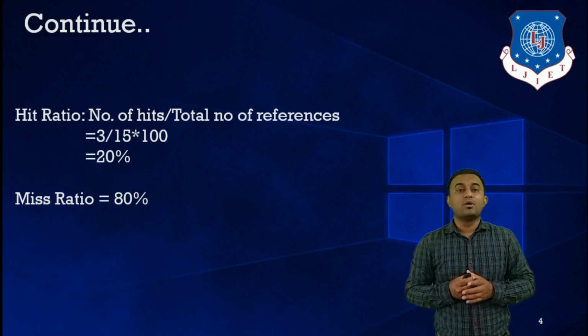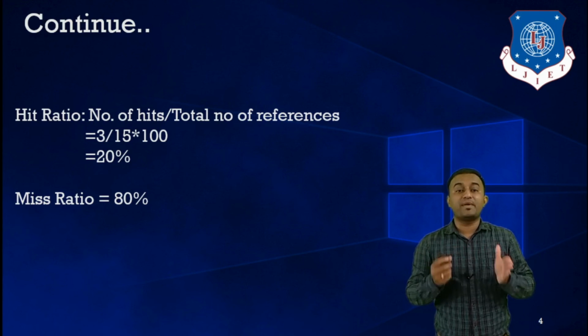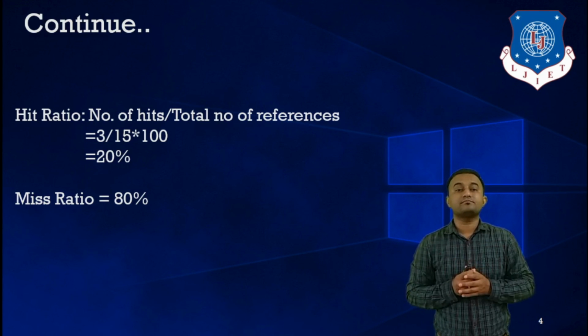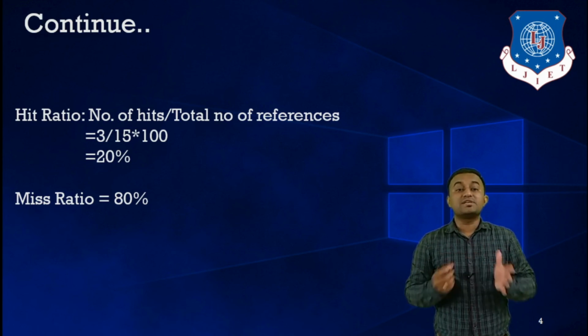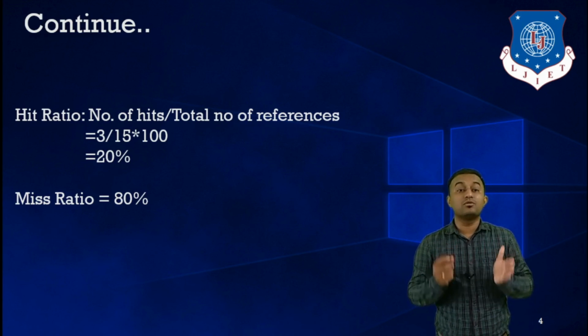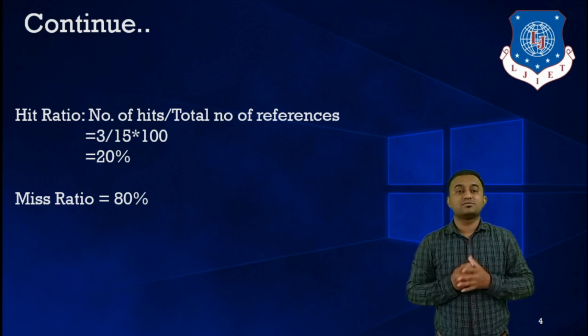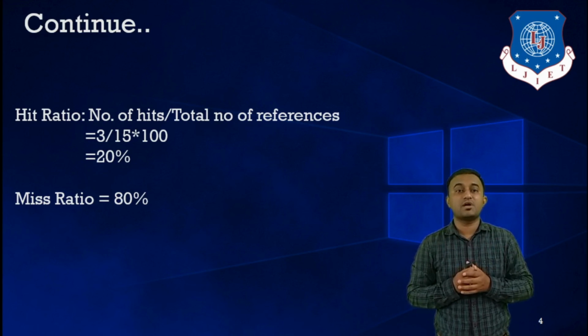So this is all about the first in first out page replacement algorithm, which suffers from a high miss ratio, more page faults compared to hits. This is the main drawback of the first in first out page replacement algorithm.